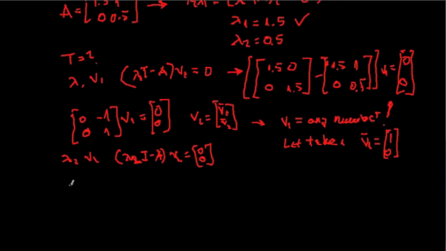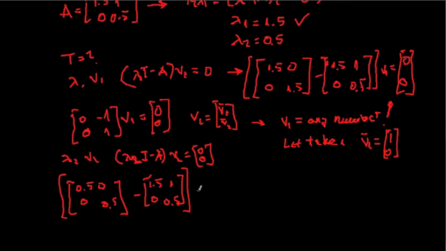So this will lead to the following expression: 0.5, 0, 0, 0.5 minus 1.5, 1, 0, 0.5, and all of this multiplies v2 equals 0, 0, which, after we calculate this, leads to the following equation: minus 1, minus 1, 0, 0, times v2.